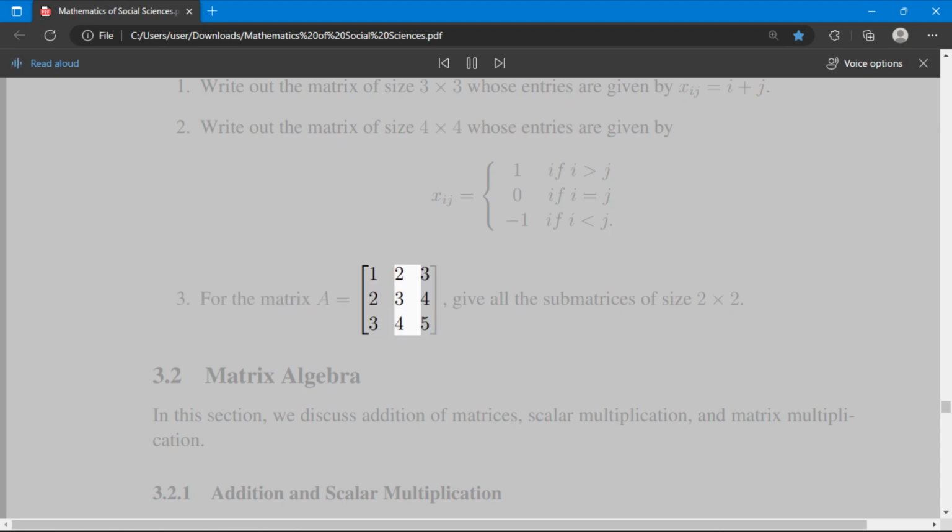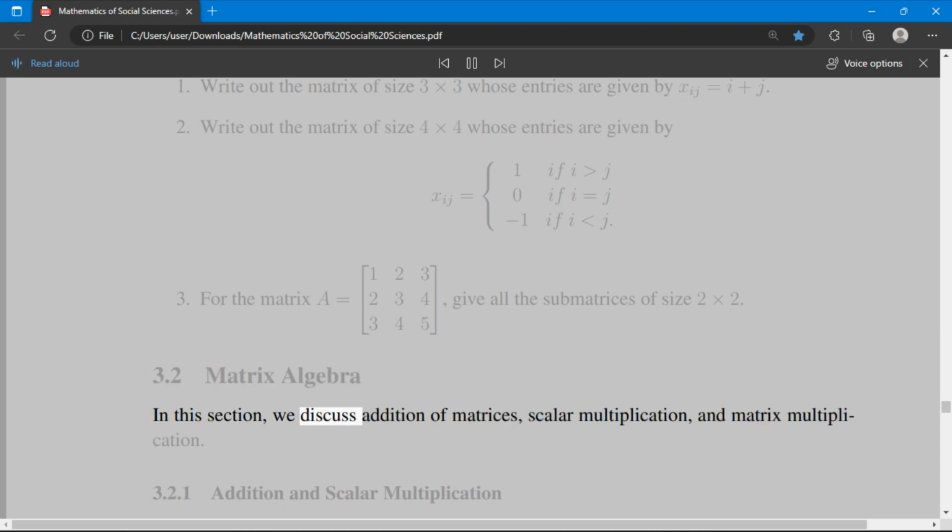For the matrix A equals 1, 2, 3, 2, 3, 4, 3, 4, 5, give all the submatrices of size 2 times 2.